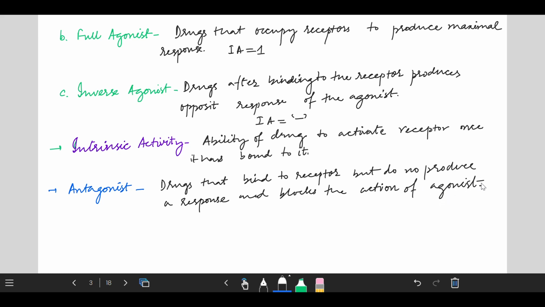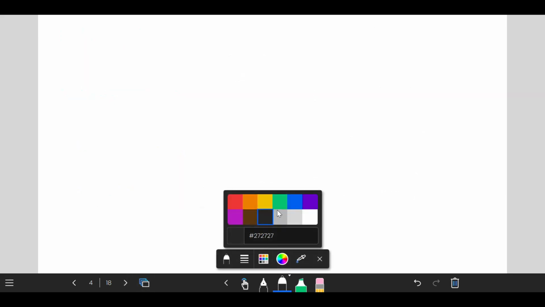Now, these antagonists are of two types. First one is competitive antagonist. Second one is non-competitive antagonist. Okay. So, first is competitive antagonist.